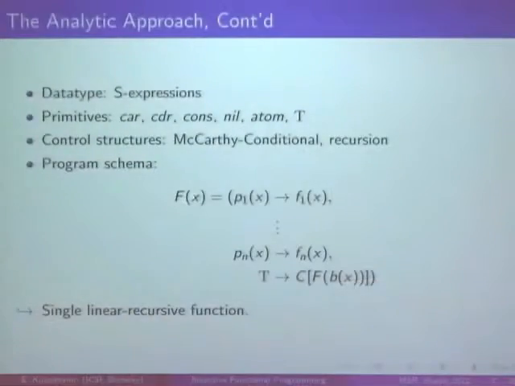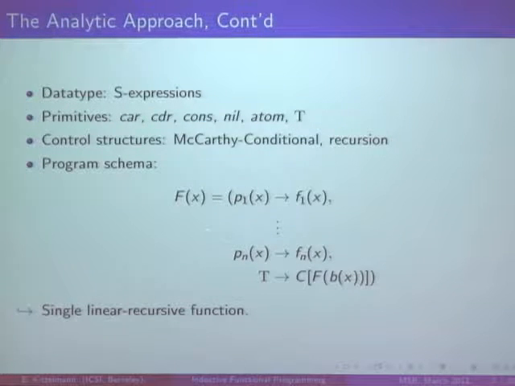Okay, as control structures we have the McCarthy conditional and recursion, and all induced programs fit into this schema. So we have one function f of one variable x, and then we have a McCarthy conditional, so P1 to Pn are predicates over x, and f1 to fn are some expressions over car, cdr, and cons.